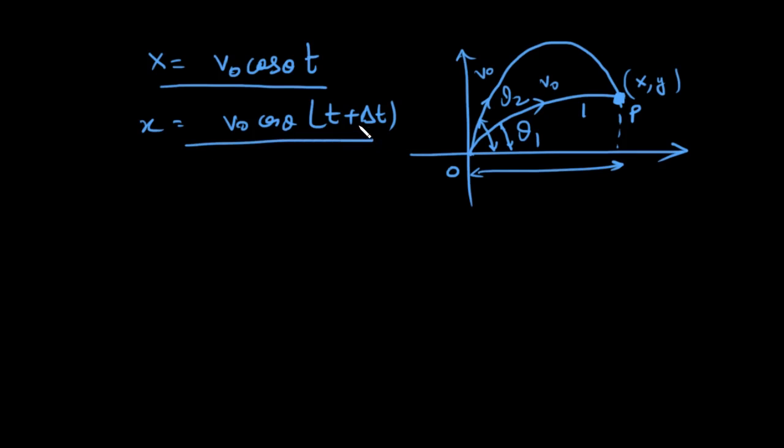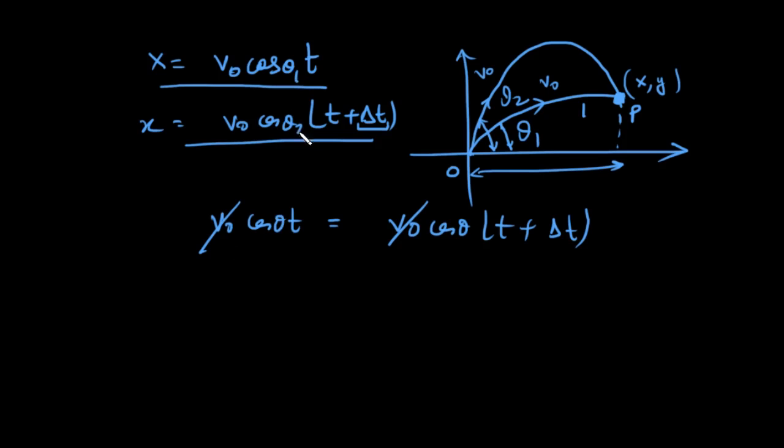Okay, I have to find this delta t. You see, we have to find the time interval between the firings which leads to the collision of shells. This means the second shell must have been fired after some other time. Okay, so this time is delta t. Since the x coordinates are same, this means v naught cos theta 1 t would be equal to v naught cos theta 2 times t plus delta t. v naught gets cancelled out.